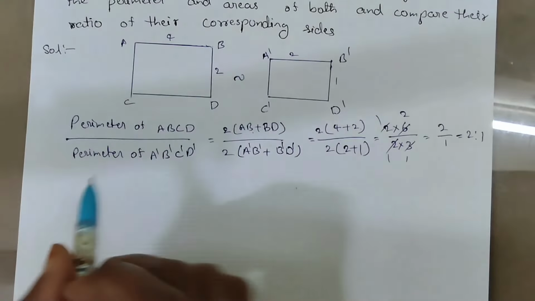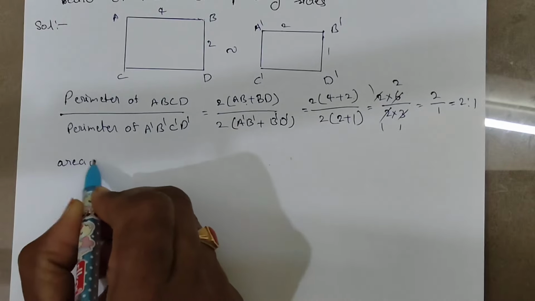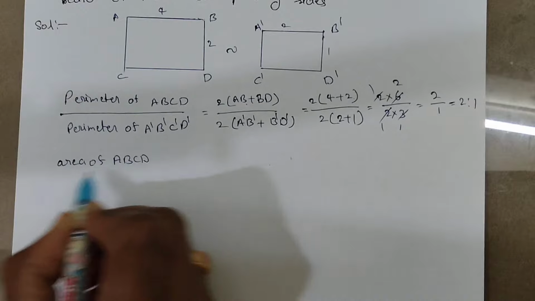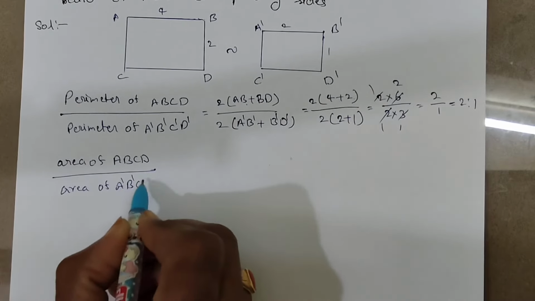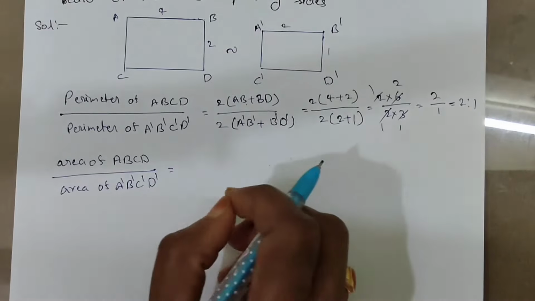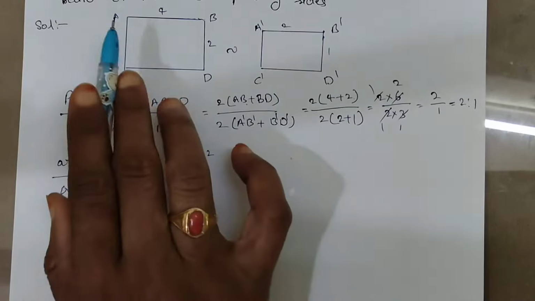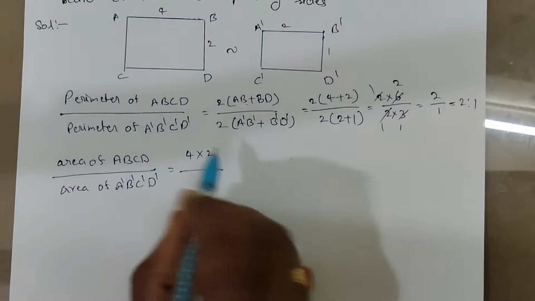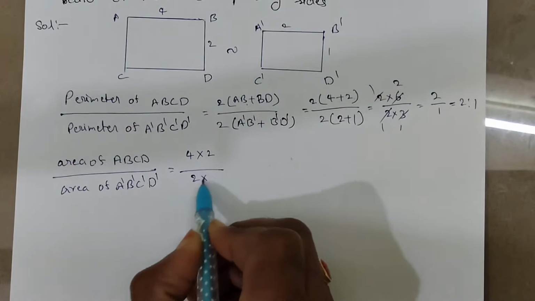Now we find the area. Area ratio is area of ABCD by area of A dash, B dash, C dash, D dash. Area is the product of sides, length and width. So area formula gives 4 into 2 by 2 into 1.